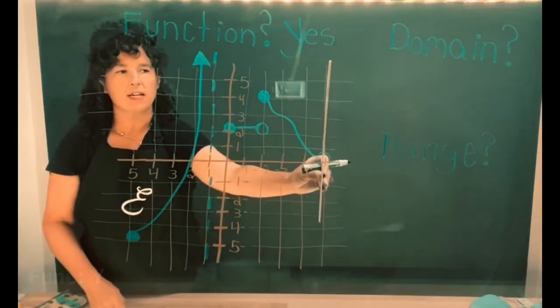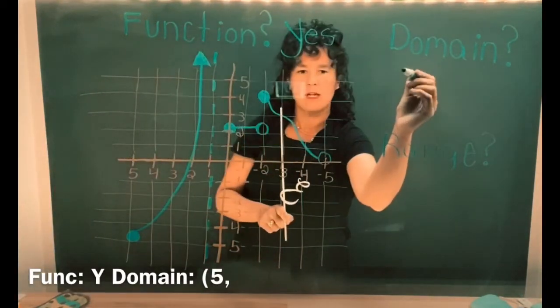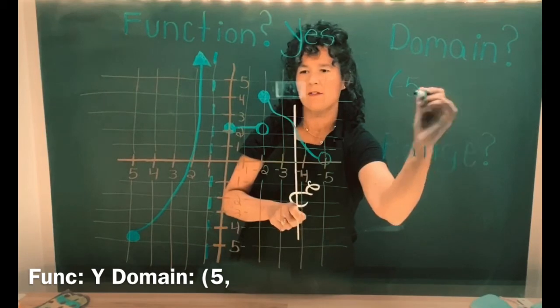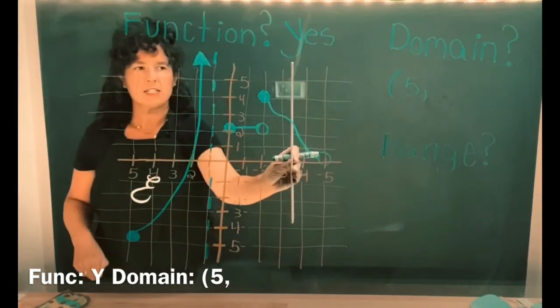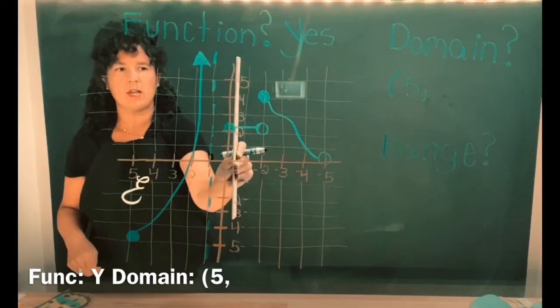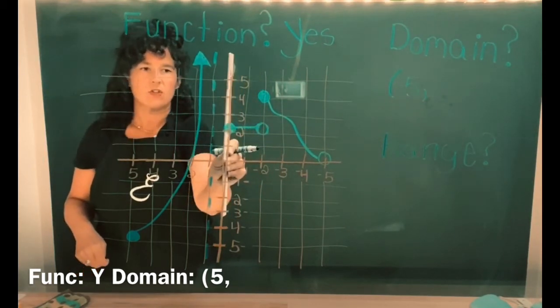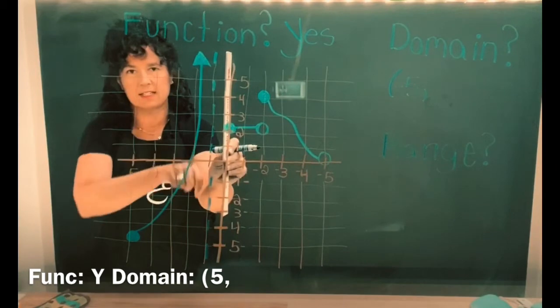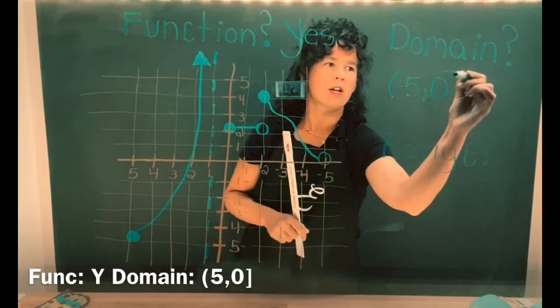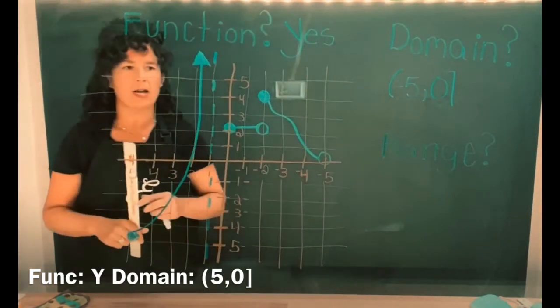So far, it is going to be not including negative 5. We remained in contact, even though it looked kind of crazy. We remained in contact all the way until here. And so that's at, coming off the x-axis, at 0. And at 0, we are in contact, so I'm going to put a bracket.